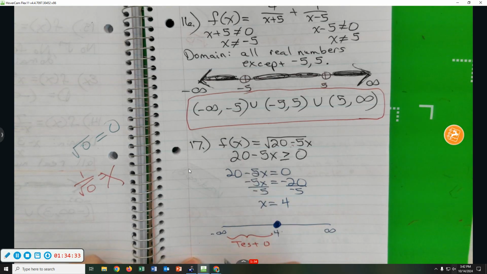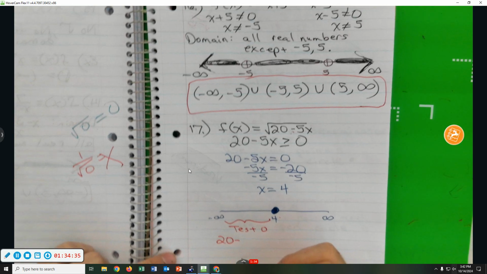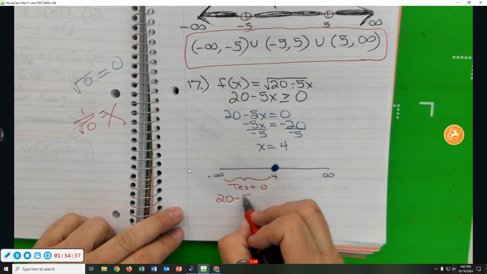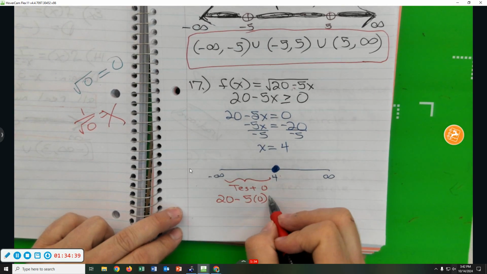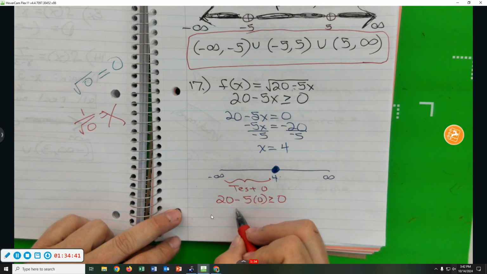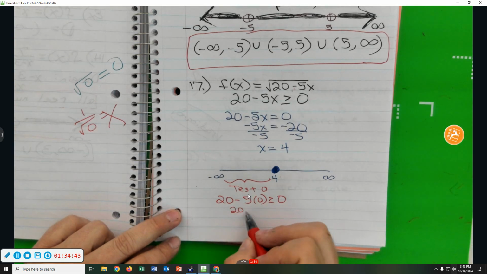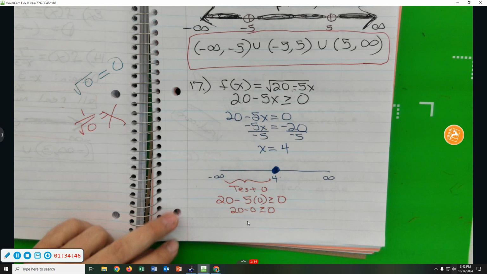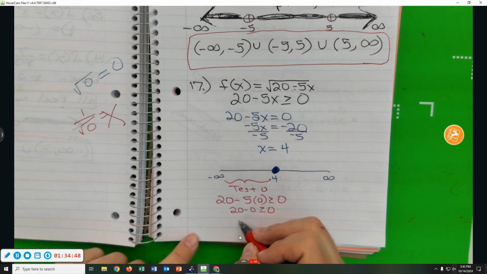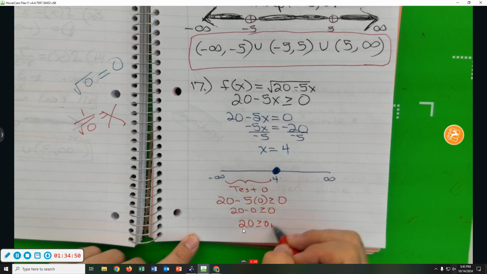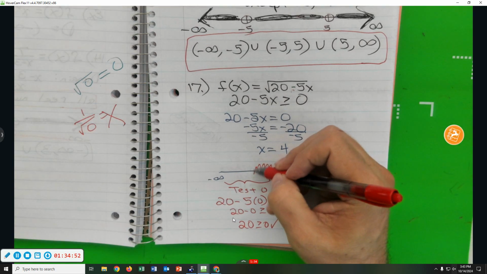So we're going to test 0. 20 minus 5 times 0 is greater than or equal to 0. That says 5 times 0 is 0. Is that a true statement? Is 20 bigger than 0? Yes. So here's the side you shaded.